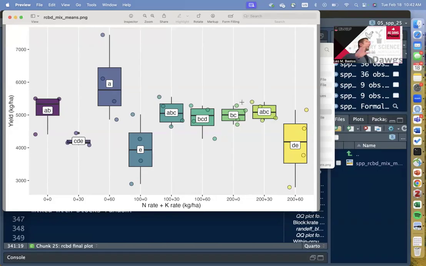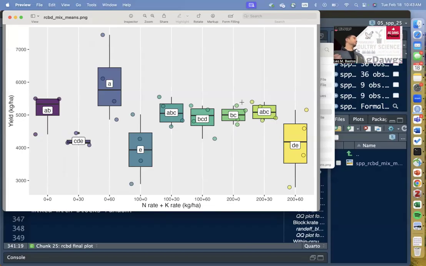So just quickly summarizing, we've seen before that the letter separation did not change between RCBD fixed block and RCBD random block because on the pairwise comparison, the error of the block cancels out.